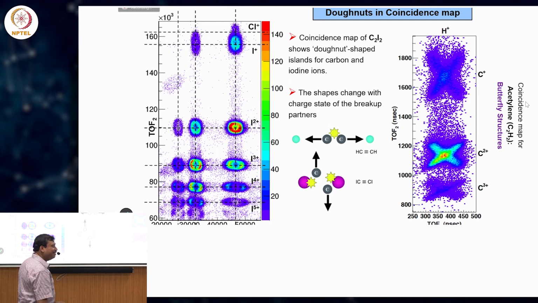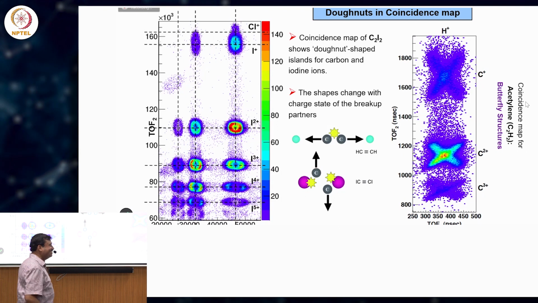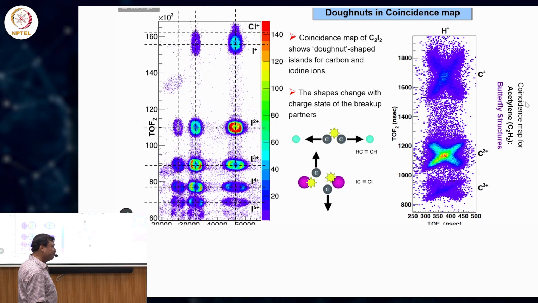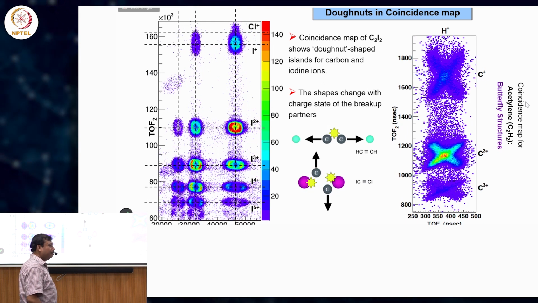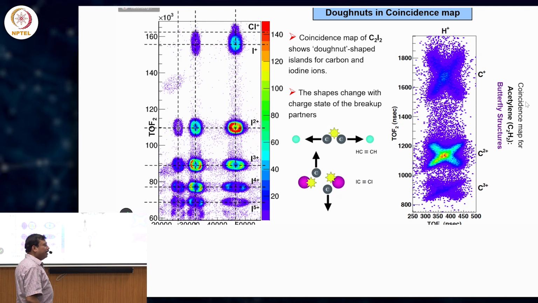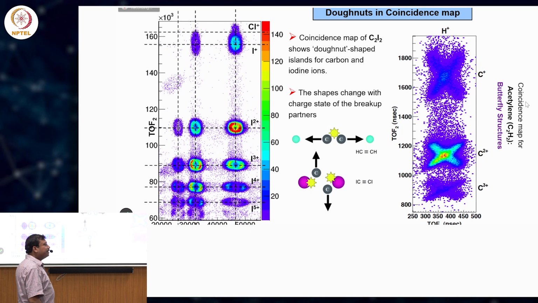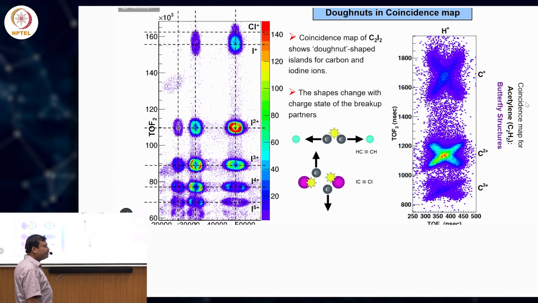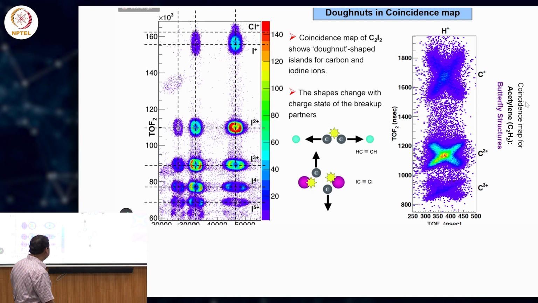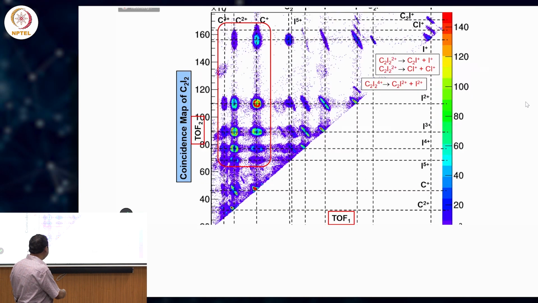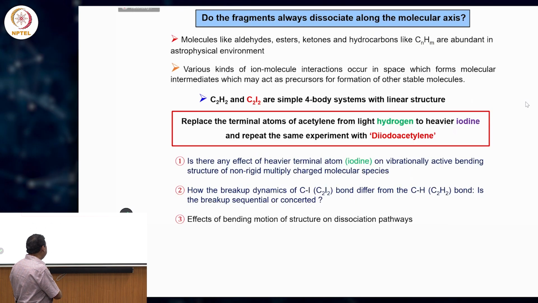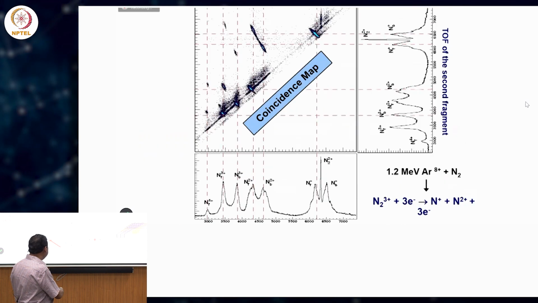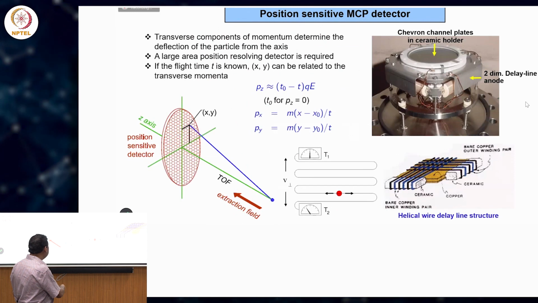We might want everything, but there are developments in detecting neutrals in the same experiment, of course. Energized neutrals can be detected with microchannel plate detectors, like we detect photons. Rondek has developed detectors like this, where they detect the photons and the neutrals.